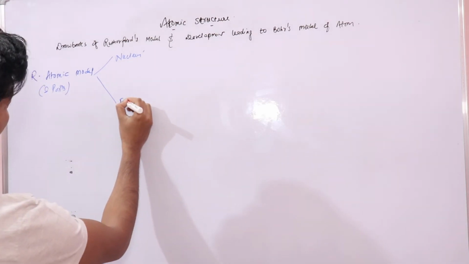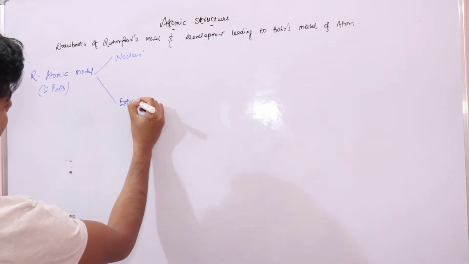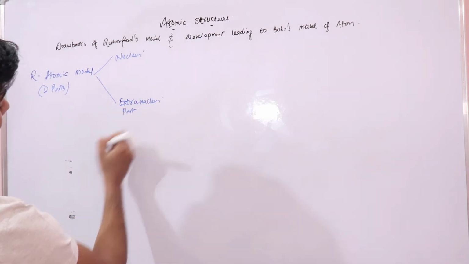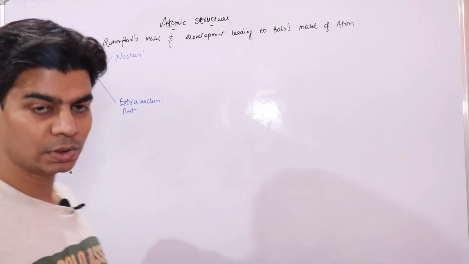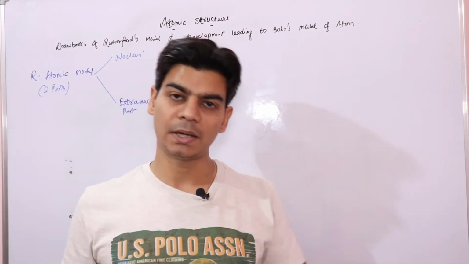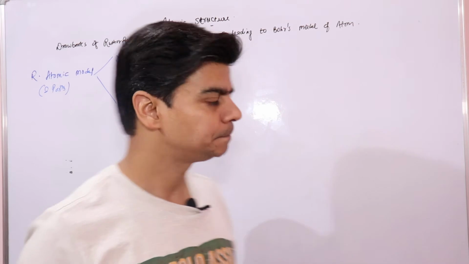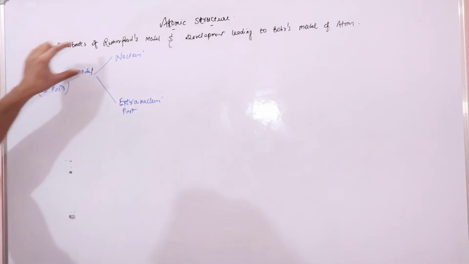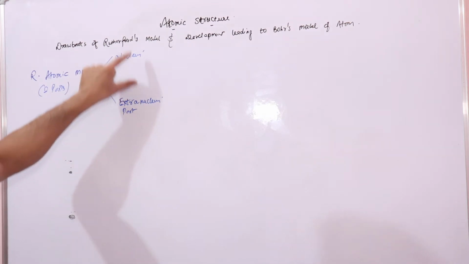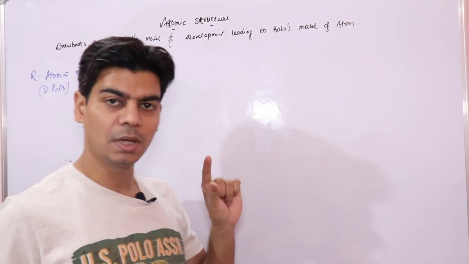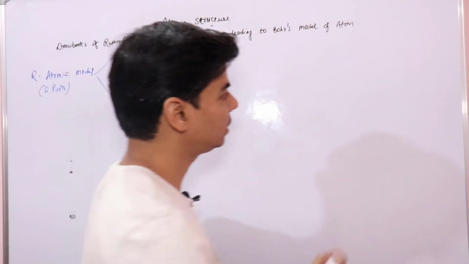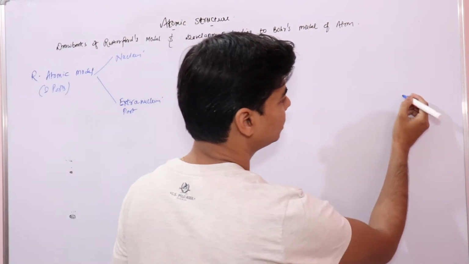And there is an extra nuclear part in Rutherford's model. The extra nuclear part is the part around the nucleus, outside the nucleus, right. So it consists of two parts, nucleus and extra nuclear part. And about the nucleus, we have done alpha particle scattering in the previous lecture.